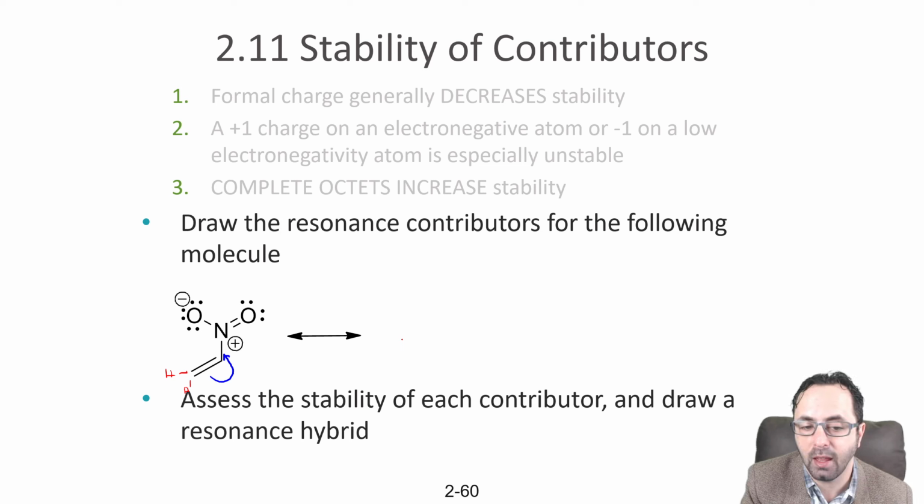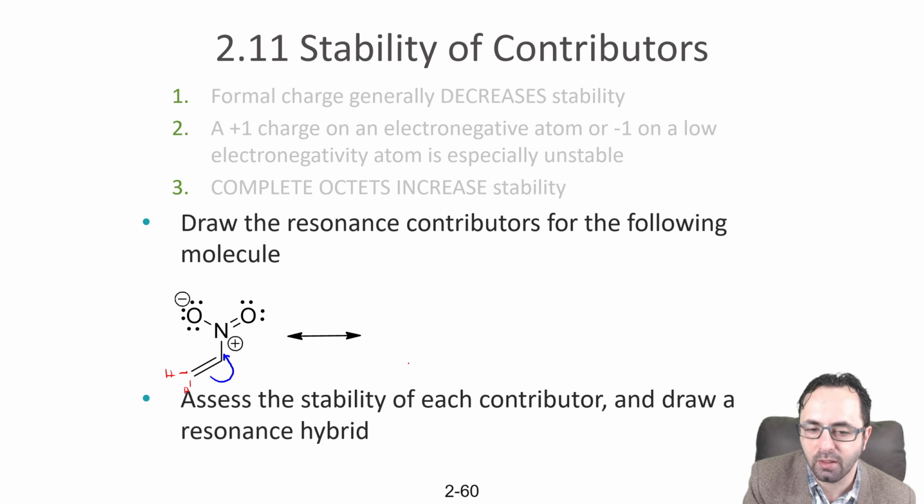We have a pi bond that is attached to this nitrogen that has a positive formal charge. So we have a pi bond that is next to an atom with a positive formal charge.